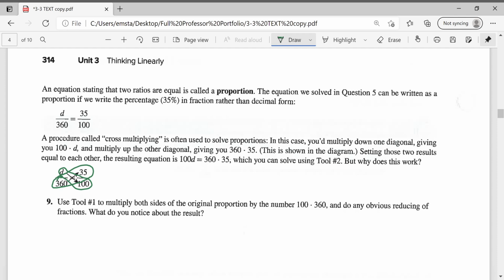So we're going to go ahead and do this. 9 and 10 are bringing us together to solve it. So when I do 100 times d, I get 100d. And then I have to do 360 times 35.